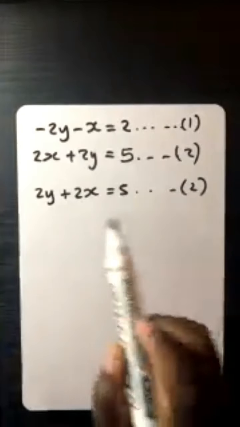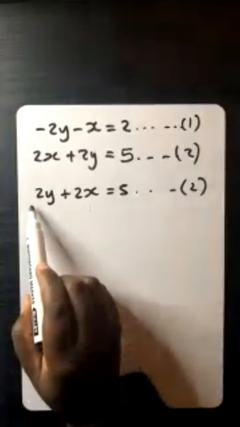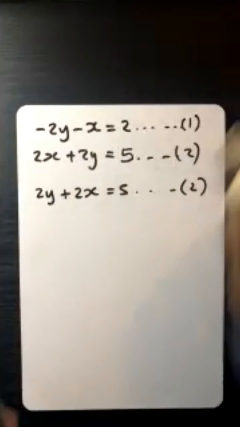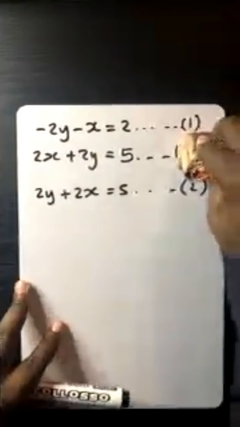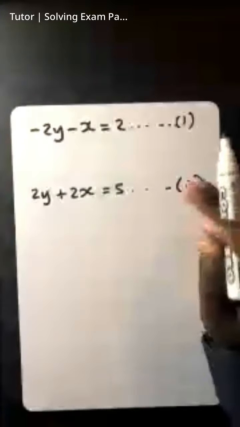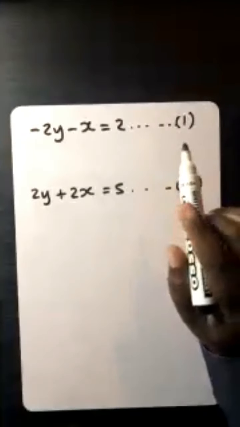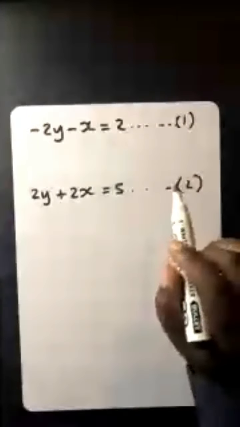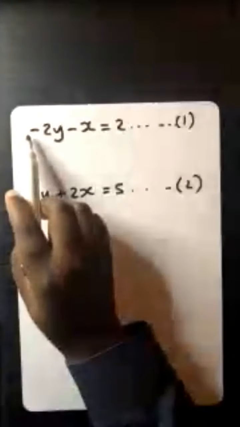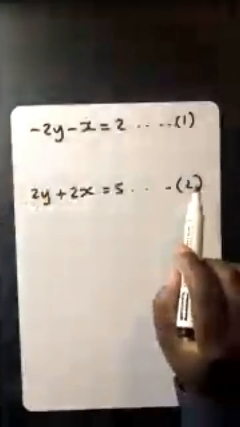Okay, so if you agree with me that this is the same as that, let me now remove all of this, and now we talk about this method. Are you going to subtract, or are you going to minus? So in this case, you cannot say equation 1 minus equation 2, or equation 2 minus equation 1.